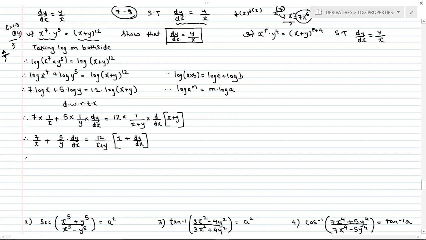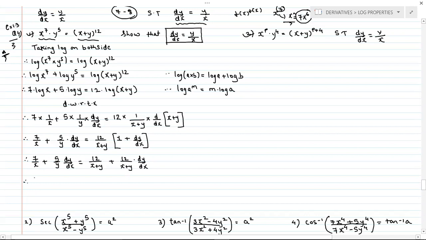So after this, 7 upon x plus 5 upon y dy by dx, and here bracket open with 12 upon x plus y, bracket open, 1 plus dy by dx.